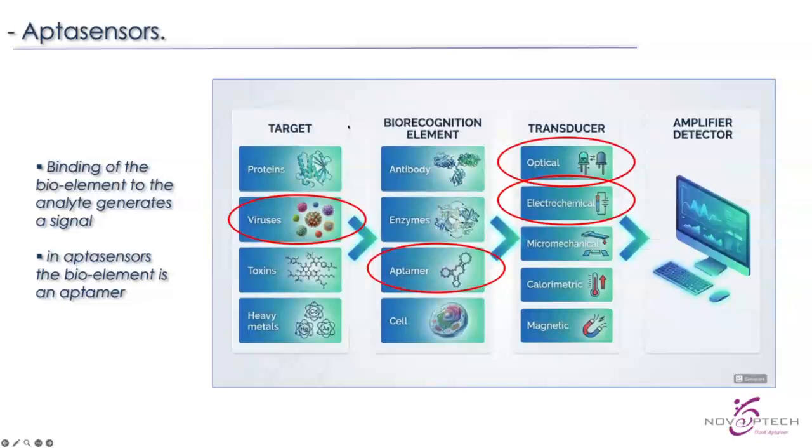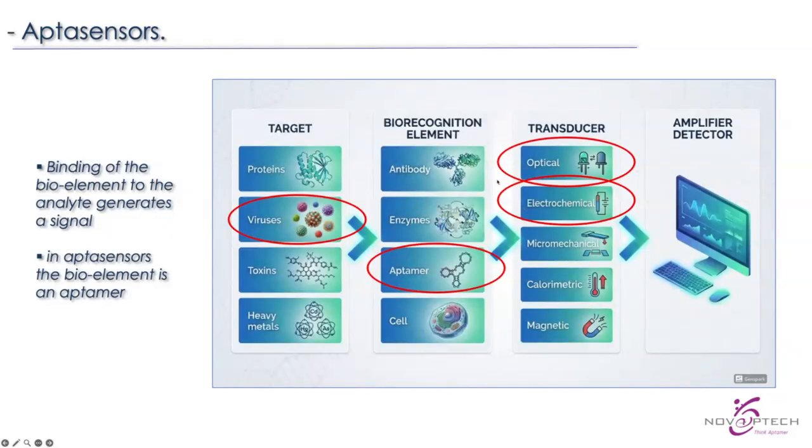In other words, that we are dealing with a sample that contains the target. Then the transducer sends a signal to the detector. In our case, we use aptamers as the biorecognition element, and our goal is to recognize viruses. As a first step, we will detect hemagglutinin, using two different technologies: first an optical signal, fluorescence, and second, an electric signal, the GFET.